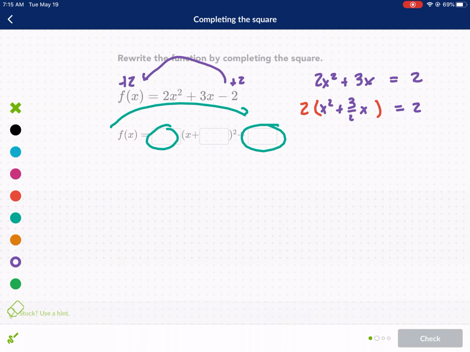Okay, so this is getting a little messy here. So we have 2, and then we're going to have our x squared plus 3 over 2x, and then we still need to add something to both sides, equals 2, and then plus this something. What makes this really kind of messy is we have this little green line that we need to fill in here.